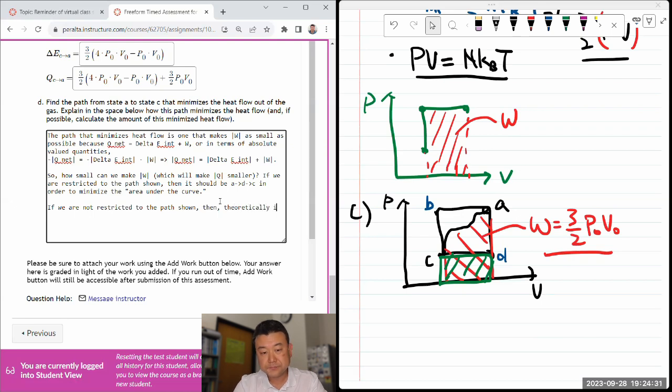theoretically, it's possible to make the absolute value of W zero, mathematically the smallest value possible for an absolute value. To do this, from A, we would go all the way down to zero pressure at temperature equals 0 Kelvin.